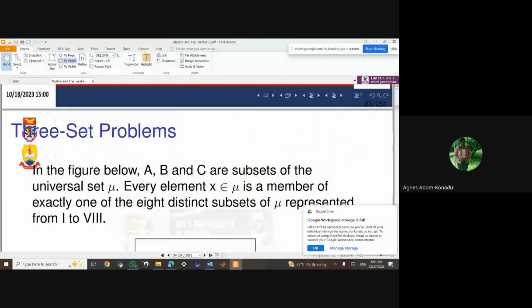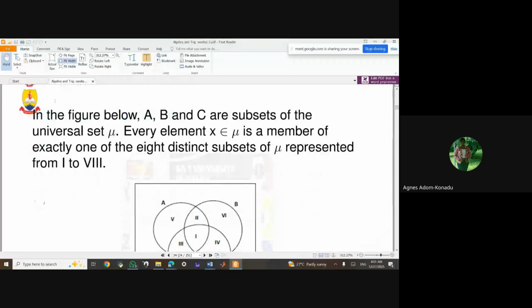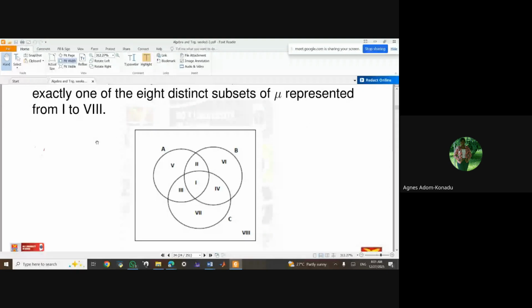So now we are moving on to the three sets problem. In the figure below, A, B, C are subsets of the universal set. Every element x in U is a member of exactly one of the 8 distinct sets of U, represented from I to VIII. Okay, so same here, let's see if we can answer all of them.